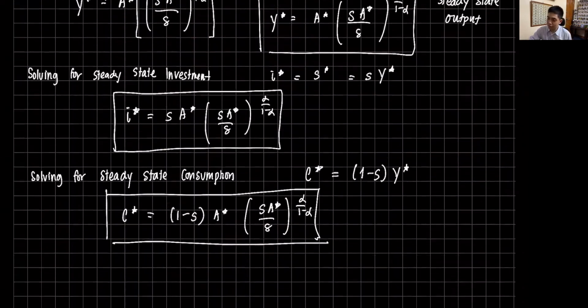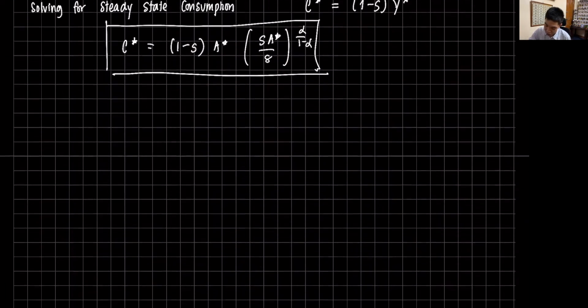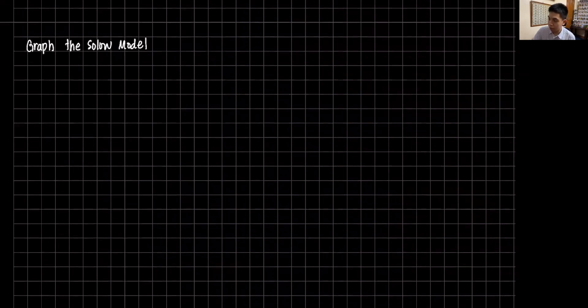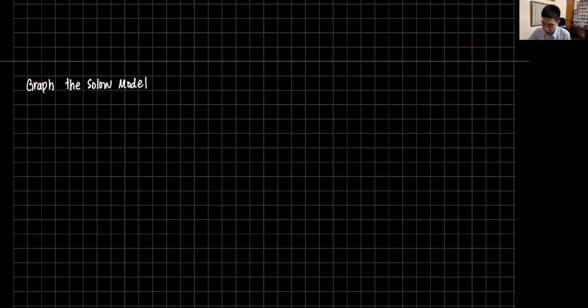Now, just as a final activity, let's try to graph this very quickly. Let me graph the Solow model, sort of as a segue to the next video. We have the three equations that we have, so let's try to get some identities from there. We have here Yt and here Kt.